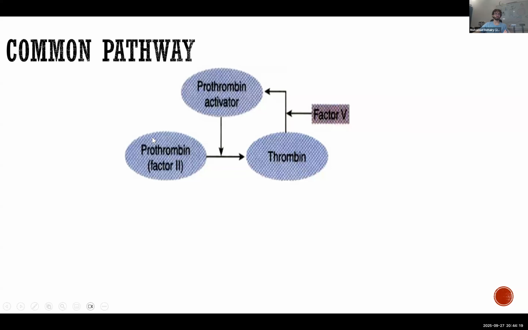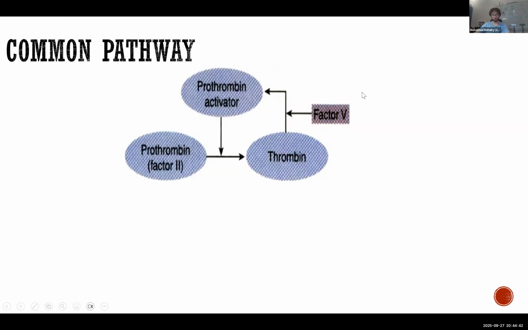It's prothrombin. Intrinsic or extrinsic pathway, when they begin the common pathway, they're going to activate something called prothrombin activator. This is what will make the thrombin active. The thrombin will start working. Of course factor 5 is also involved in this. You don't need to know exactly what, just know that factor 5 is part of the common pathway.